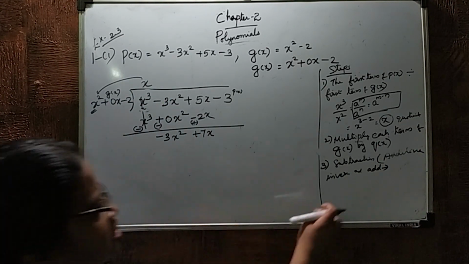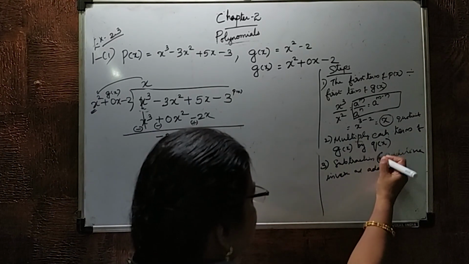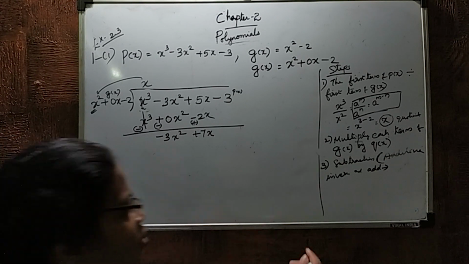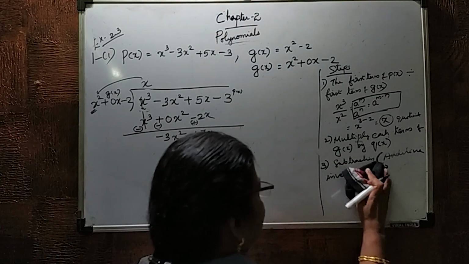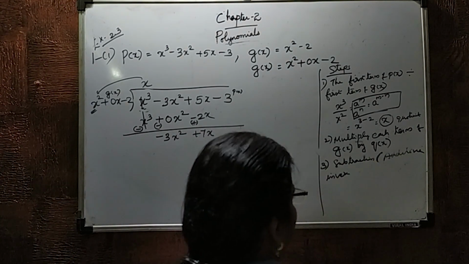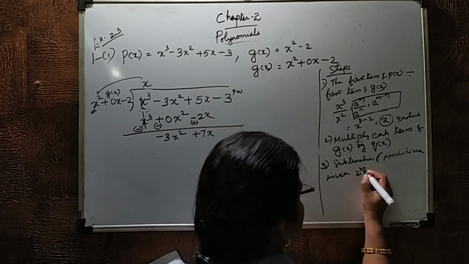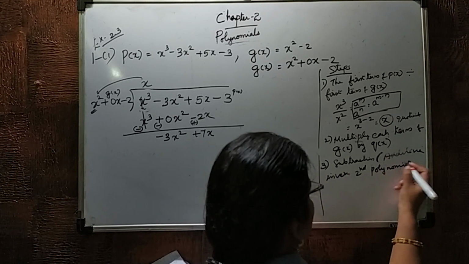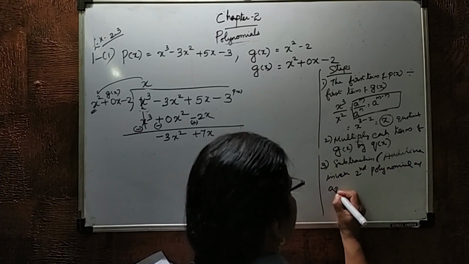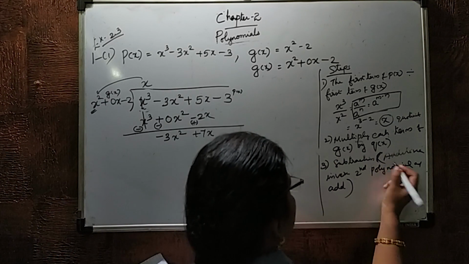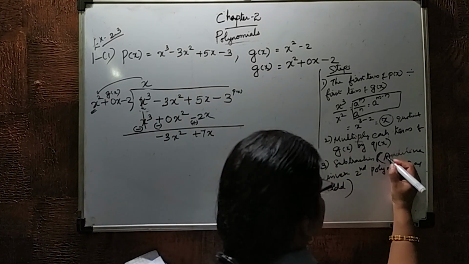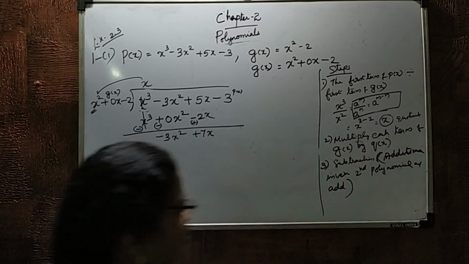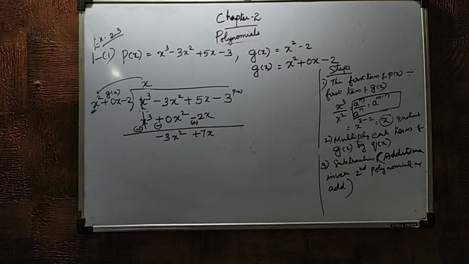Then take next one is subtraction. Subtraction means additive inverse and add. Additive inverse of the second polynomial, and add. Additive inverse, you have studied in 7th standard, means opposite sign.